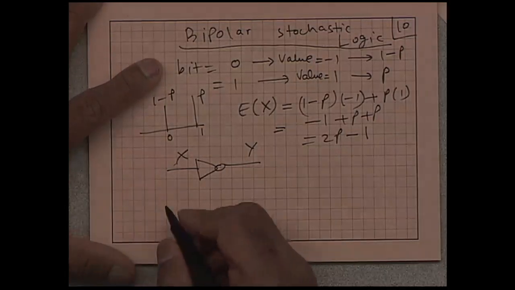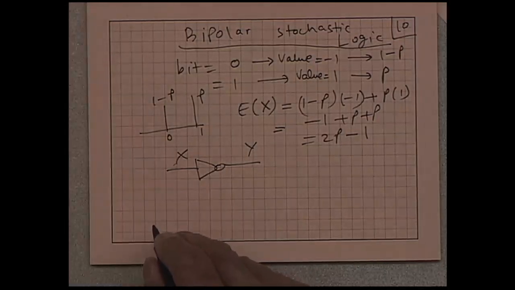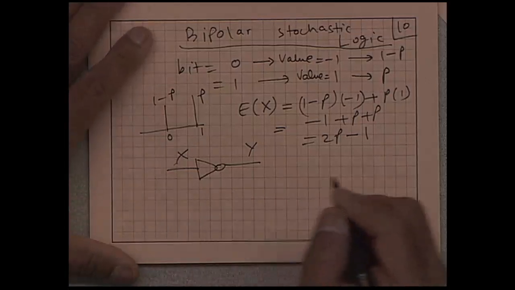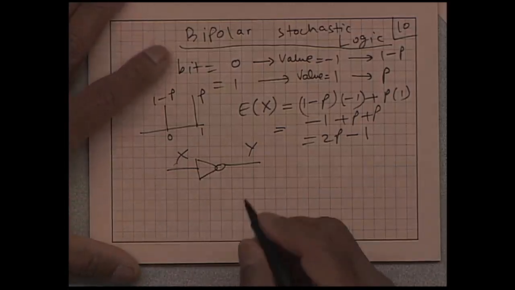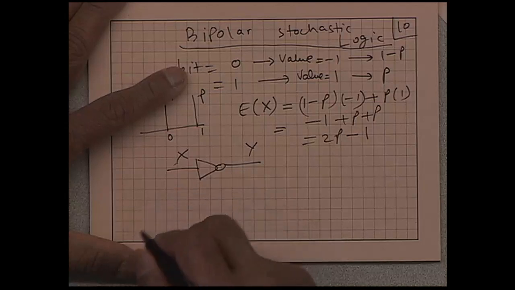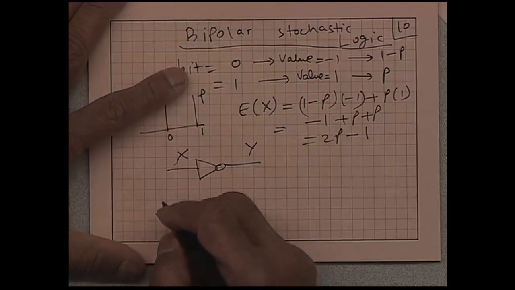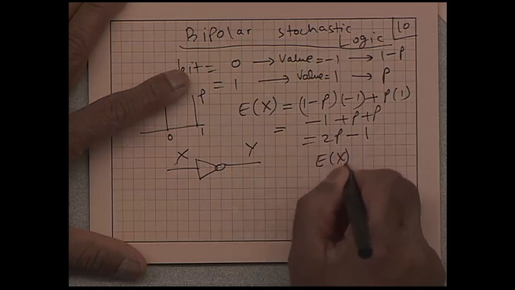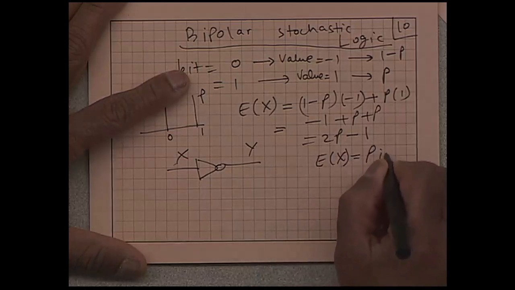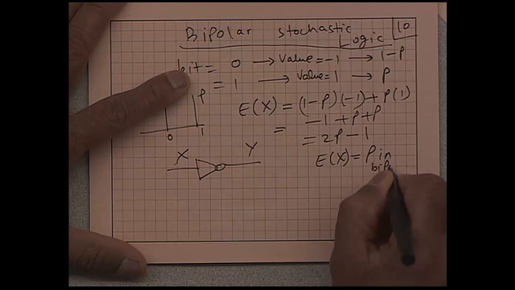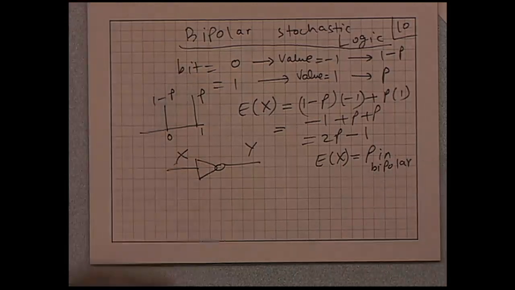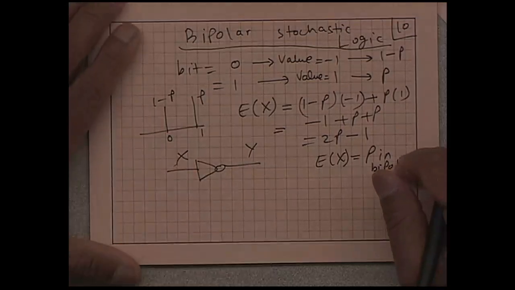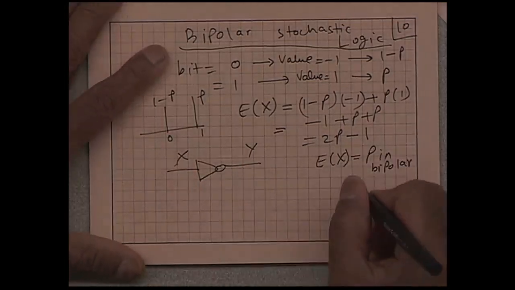So let's assume the expected value of X equal to P in bipolar. If the expected value is P in bipolar, then what will that be in unipolar?